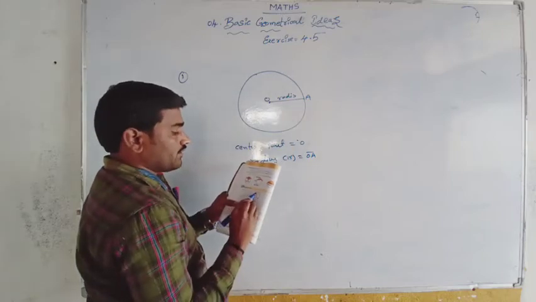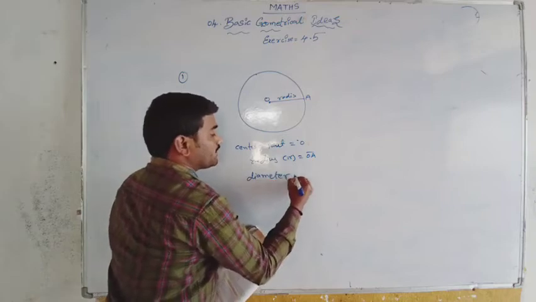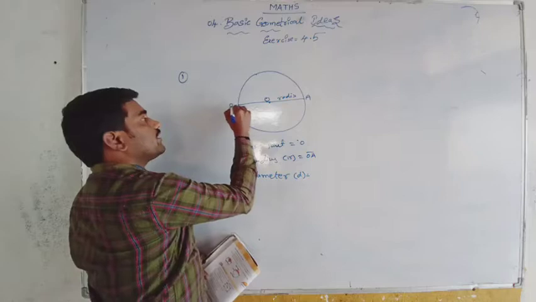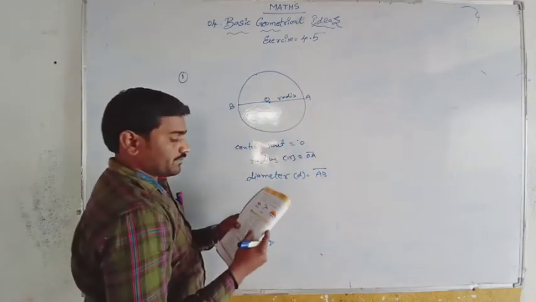Then the diameter D: diameter equals twice the radius. Suppose this is B. AB is a diameter.